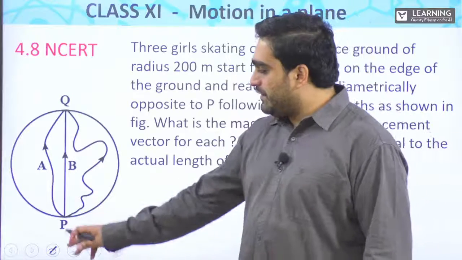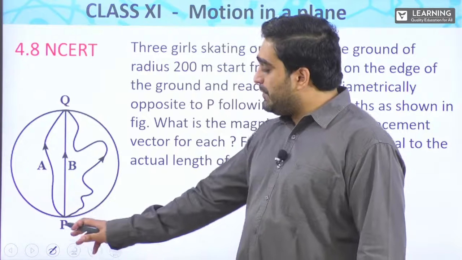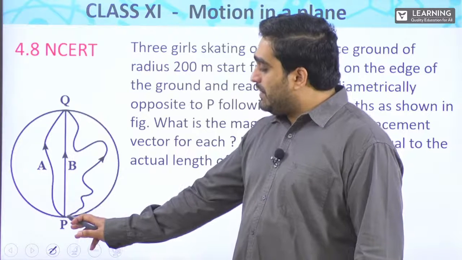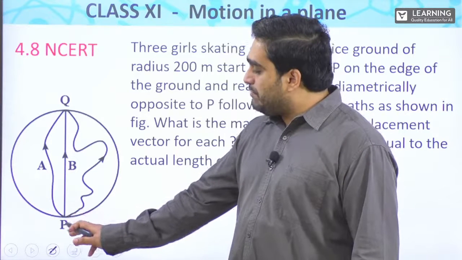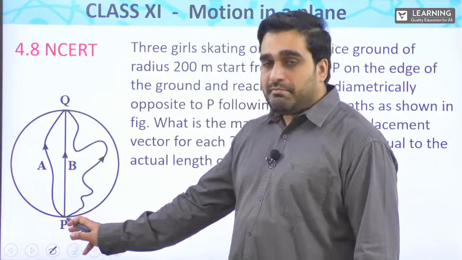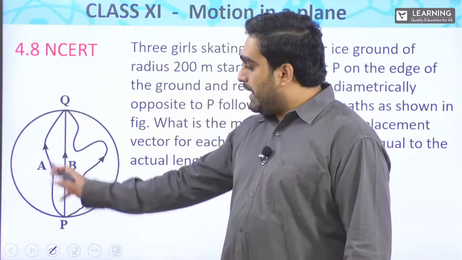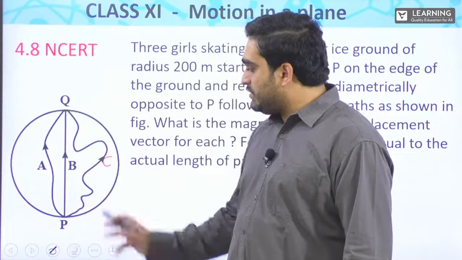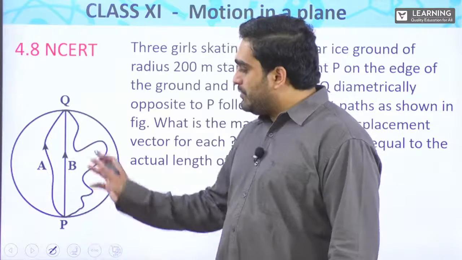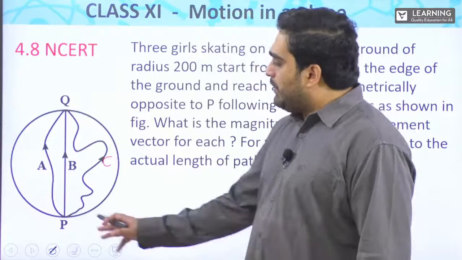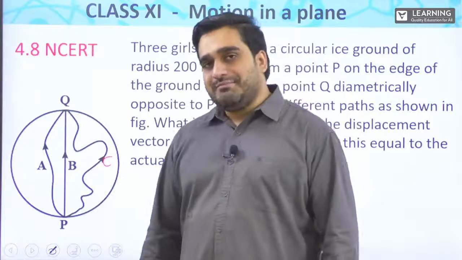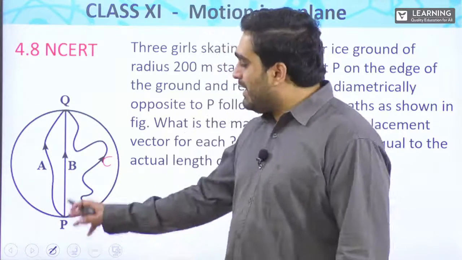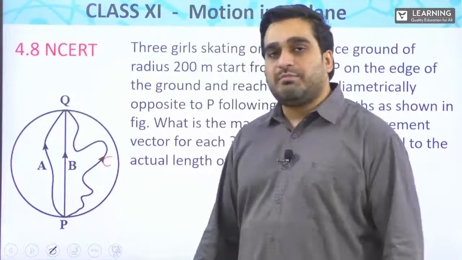See, this is the figure also mentioned in your textbook. So you have three girls that start from the same point P but take three different paths: A, B and C. That is not mentioned, so let's say C. So three different paths. They all end at the same point Q, diametrically opposite to the point P.